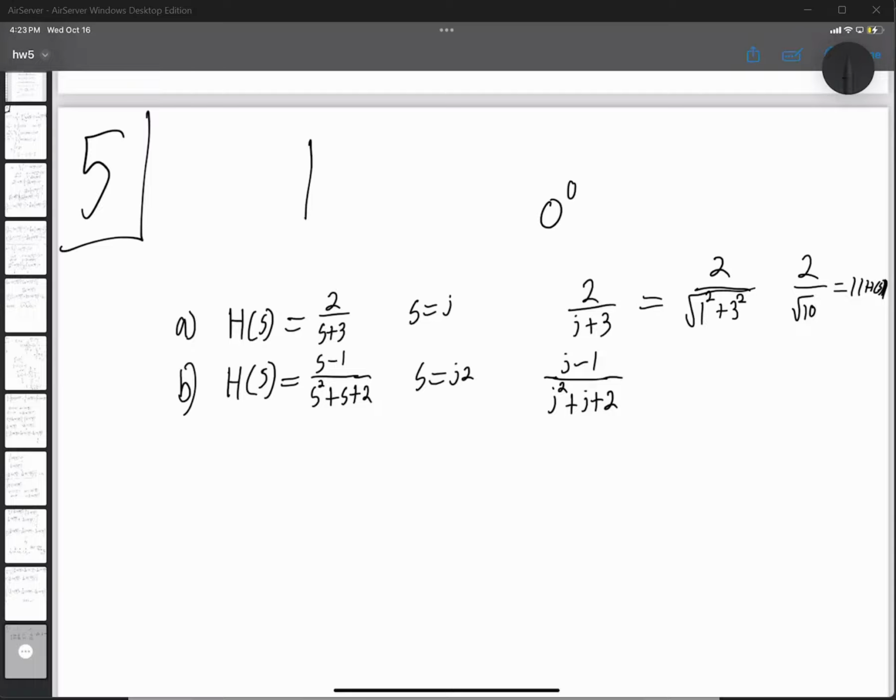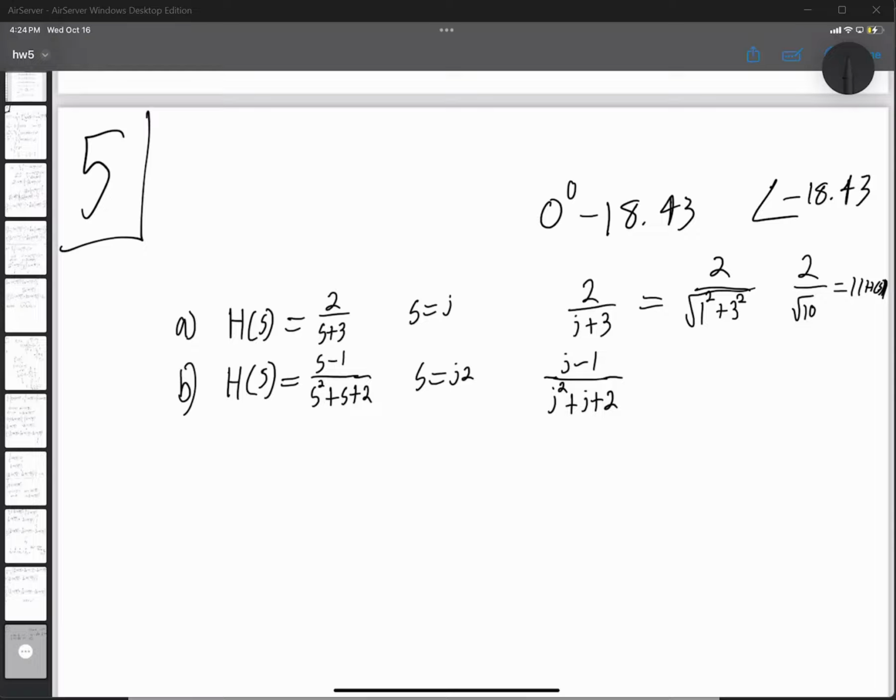So on your graph, 2 on this side, well, that's an angle of 0. And for the bottom, 1 divided by 3, inverse tangent, minus 18.43. So the angle is negative 18.43.